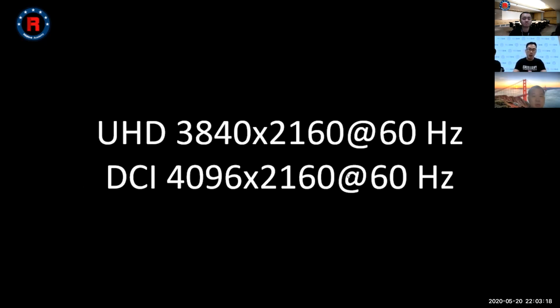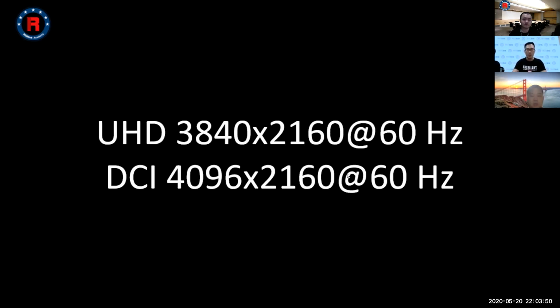There are two different resolutions, but does anyone know why there are two? The first one, UHD, is applied in the commercial and TV industries. They need to meet our viewing range, and the viewing range value is a 16 to 9 ratio.